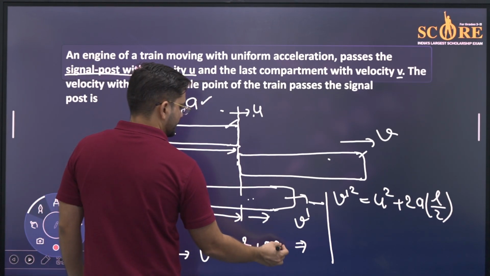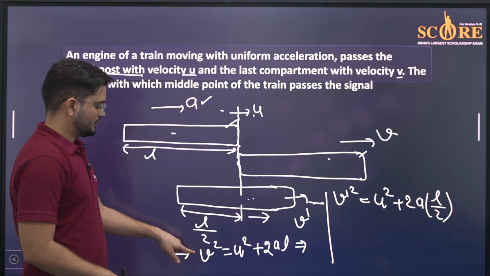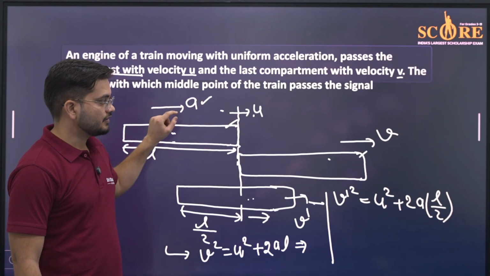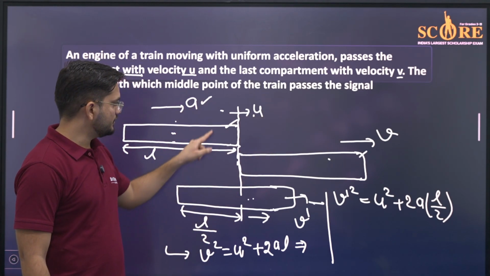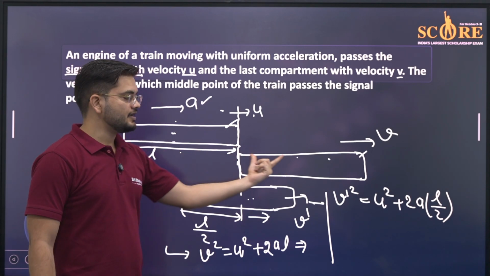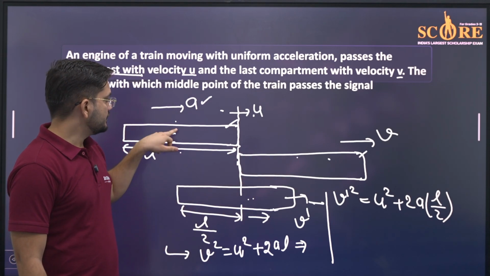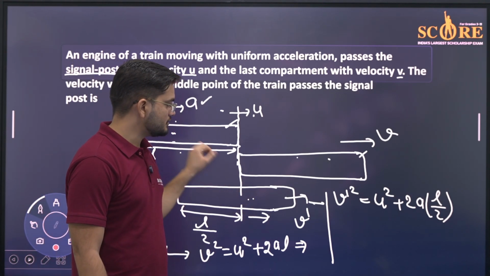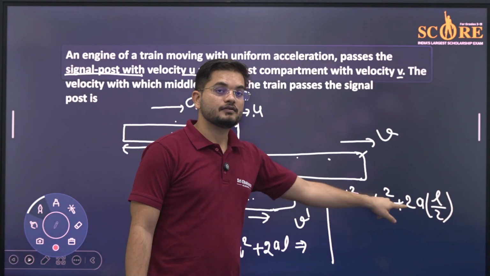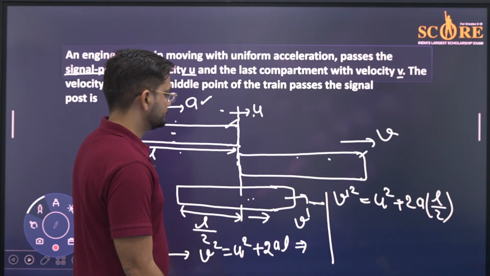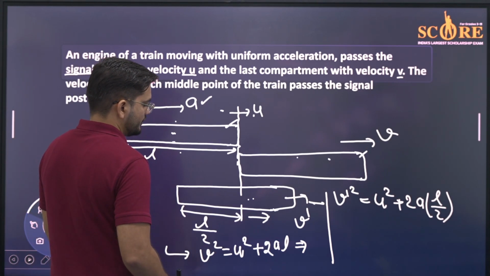In this equation, the displacement will be L. This equation is applied between these two positions: final velocity v square, initial velocity u square plus 2a, and displacement L. If we apply this formula for these positions, then v dash square equals u square plus 2a L by 2.